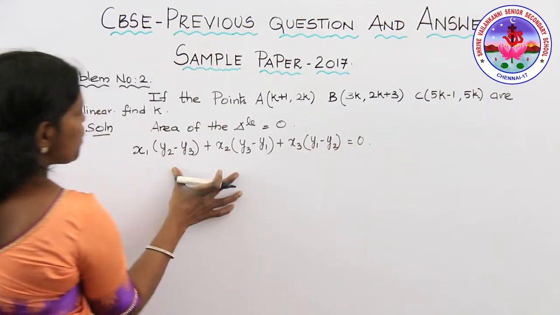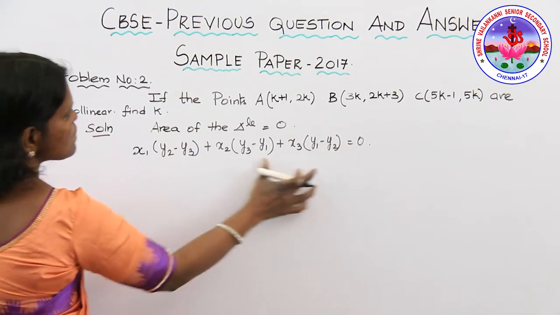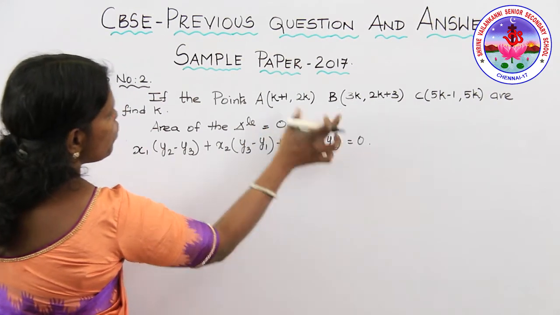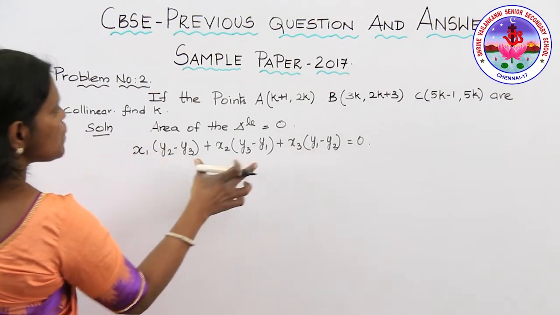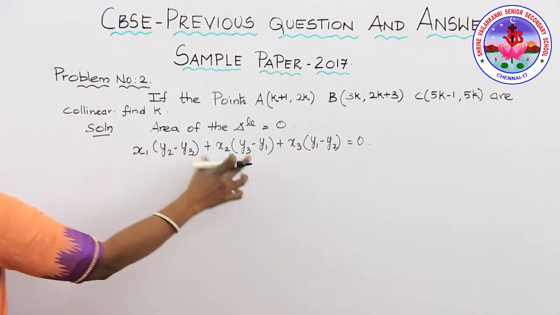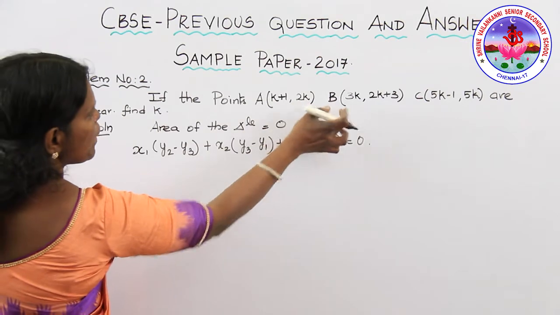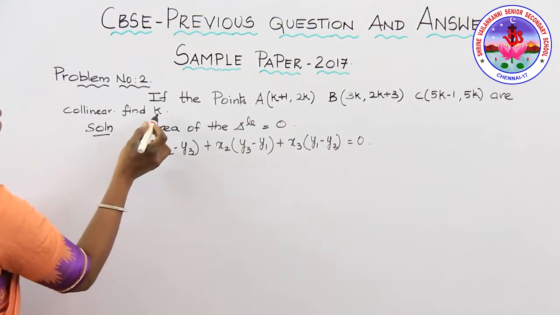This expression becomes 0 when the points are collinear. So using this formula, I am going to substitute the points x, y here in order to find out the value of k.